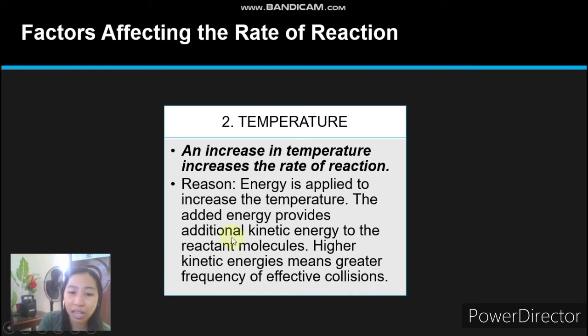So the energy added provides additional kinetic energy to the reactant molecules. Therefore, higher kinetic energies means greater frequency of effective collisions. Siyempre, pag mas taas ang heat, mo taas man ang kinetic energy, mas paspas mag-move ang imong mga molecules. Therefore, mas daghan ang collisions, right? So, kung mas daghan ang collisions nga naay proper orientation, then your chemical reaction would also increase.